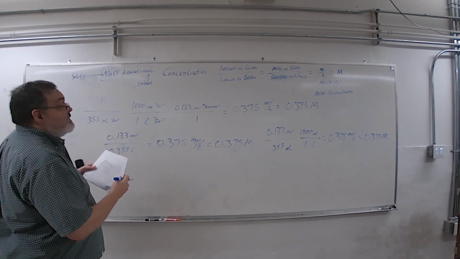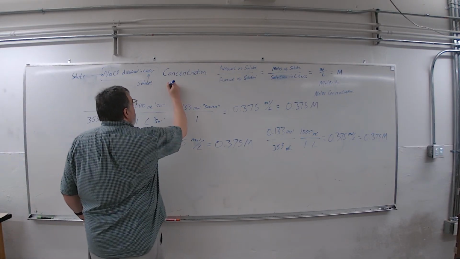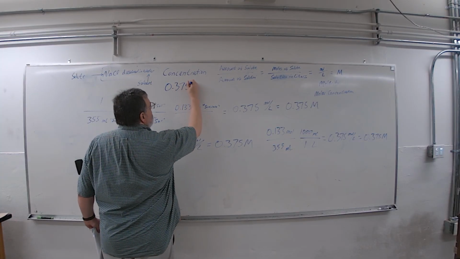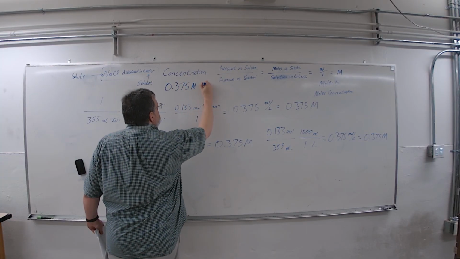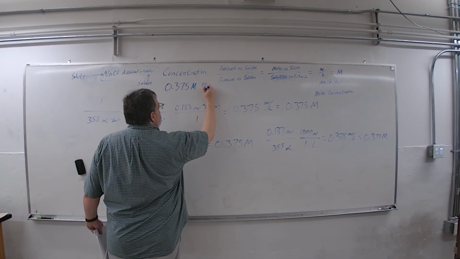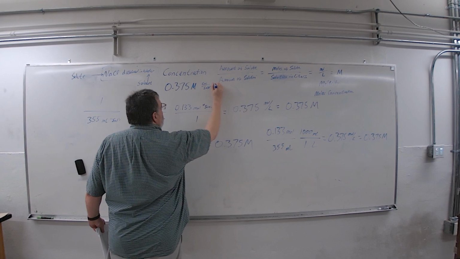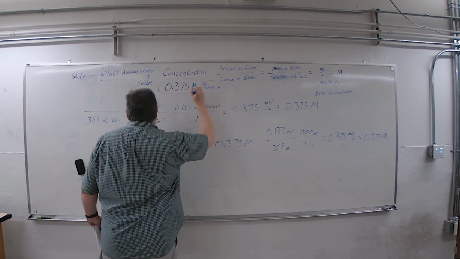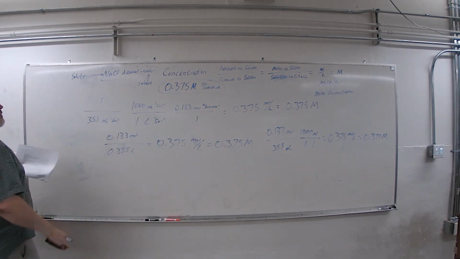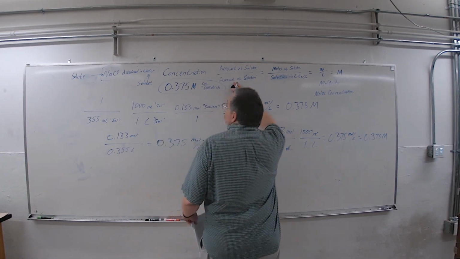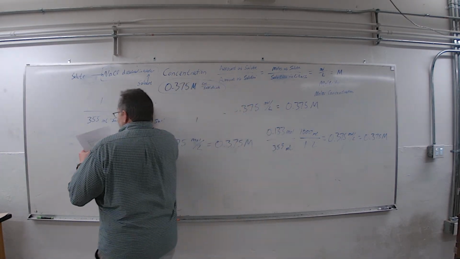We have this. And that's sucrose in the soft drink. But this next example wants us to use the one we calculated in the previous example.